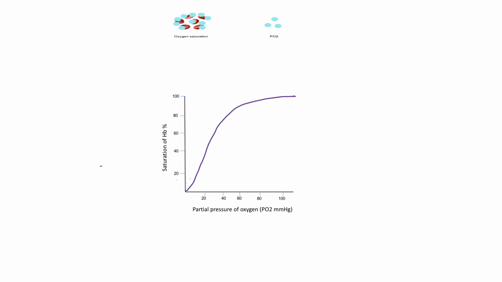These changes happen in the opposite direction when the affinity of hemoglobin for oxygen is high. So when the affinity of hemoglobin for oxygen is high, more oxygen will remain bound to hemoglobin and this will shift the direction of the reaction towards the left. And this will also shift the oxygen dissociation curve to the left.